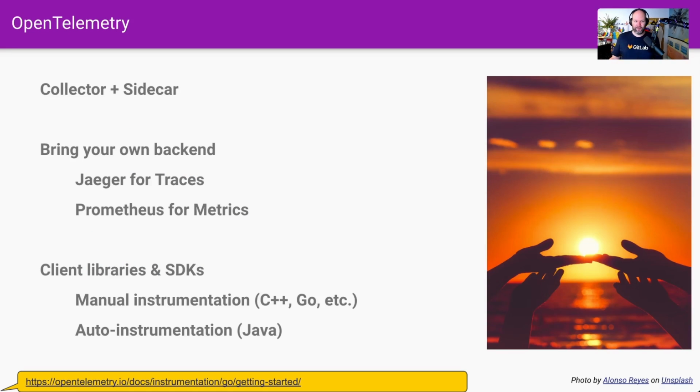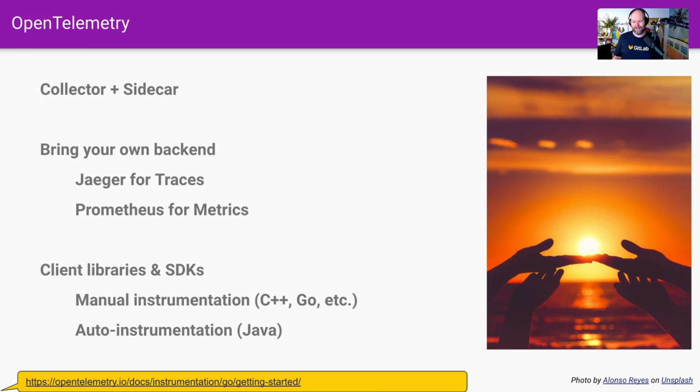The thing is, with OpenTelemetry, you could be running a collector, or you are running a sidecar container, which allows you to send the traces to. As said, bring your own backend, for example, Jaeger for traces, Prometheus for metrics. And there is a huge ecosystem being developed around client libraries, SDKs, allowing you to do manual instrumentation for compiled binaries like C++, Go, and so on. Or, for example, auto instrumentation.